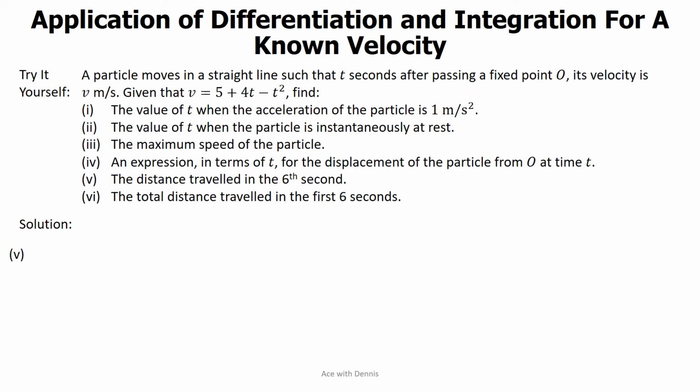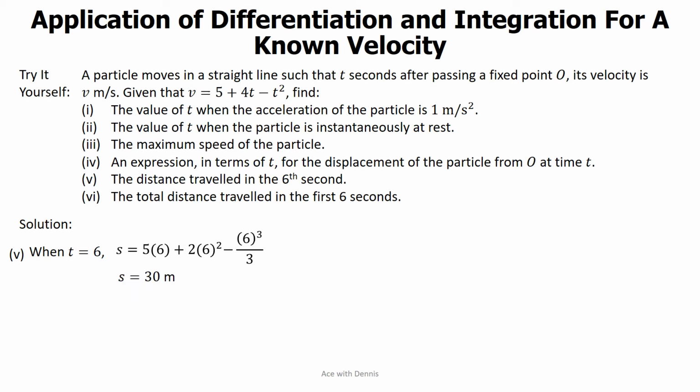Solution for number 5, the distance traveled in the 6th second. So we need to find when t equals 6, s equals 5 times 6 plus 2 times 6 squared minus 6 cubed over 3, which gives us s equals 30 meters.